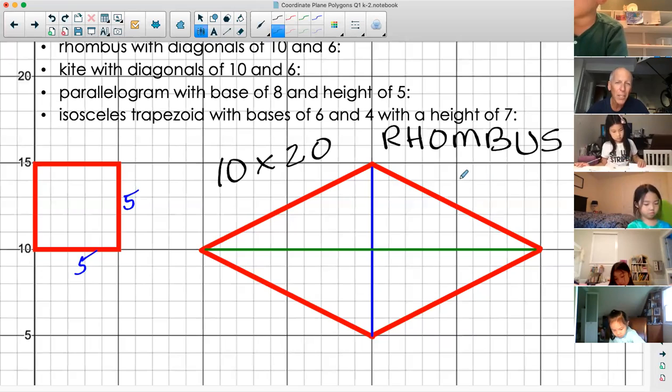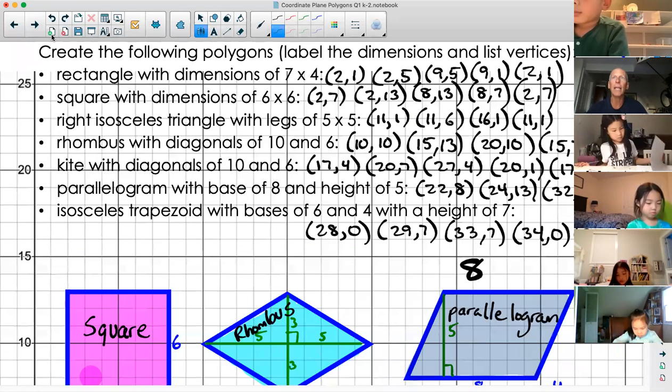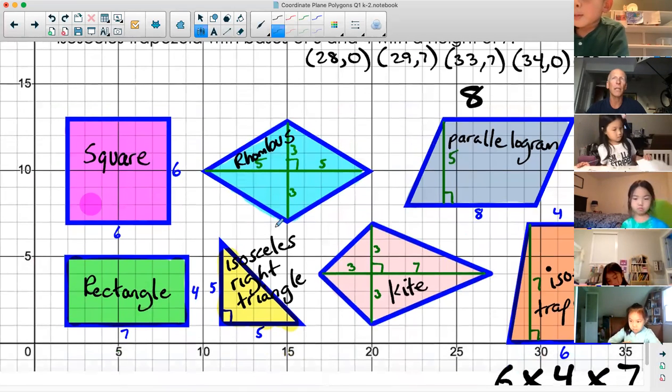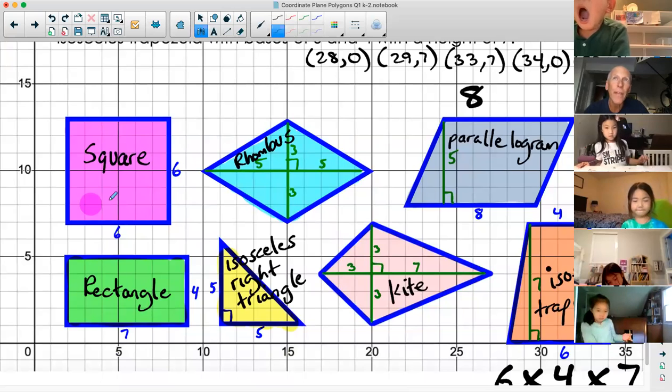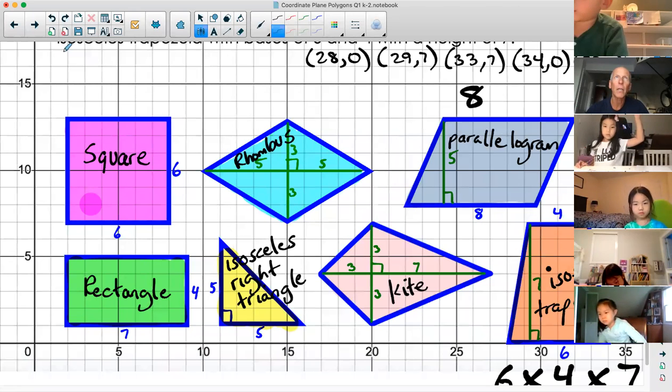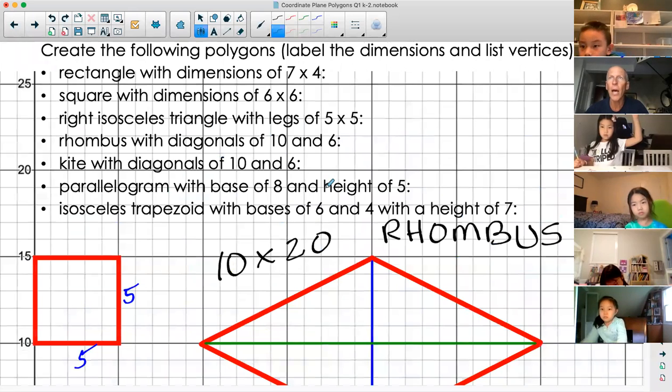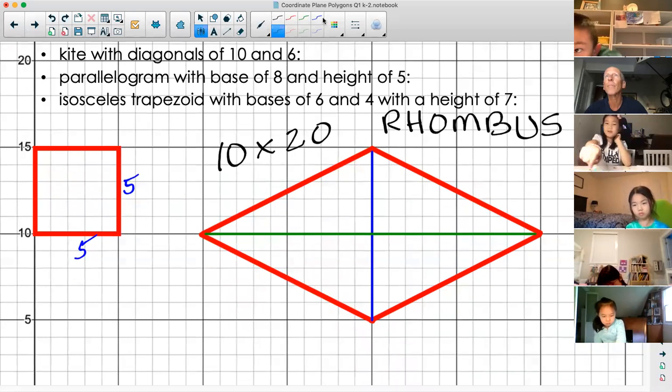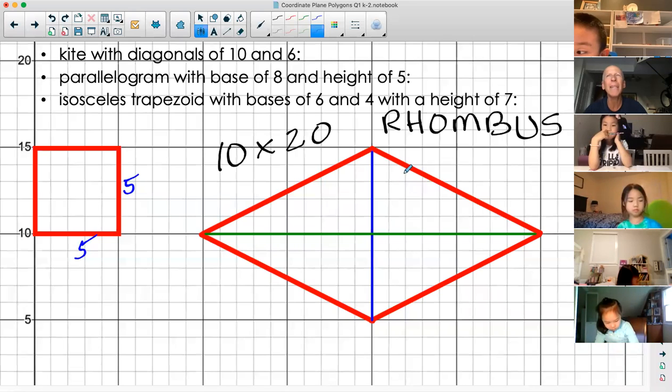Now, who knows what is the definition of a rhombus? What's so special about it? I mean, we were looking at this rhombus here, which is different than all the rest. What is so special about a rhombus? Alice, can you tell us? It's sideways. Yeah, but that may not be the definition of one.